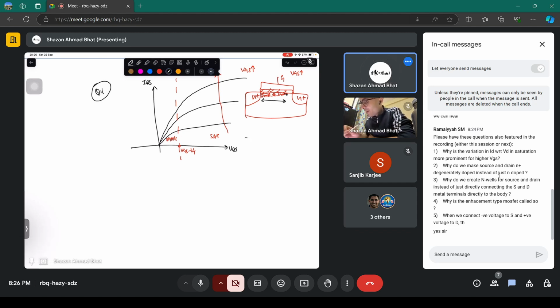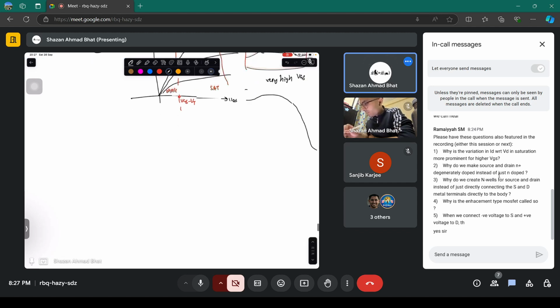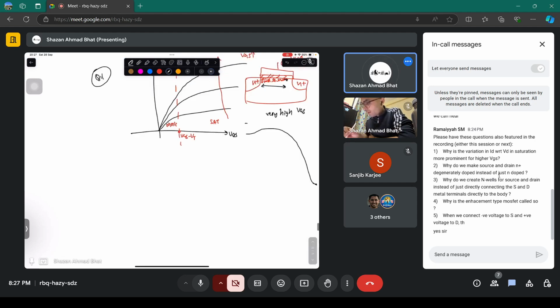Band diagram will be at very high gate voltage, very high VGS. It will be like this. This is source, this is gate, this is drain. And you see when you have induced so many electrons here, let me draw it exactly like the pinch off.